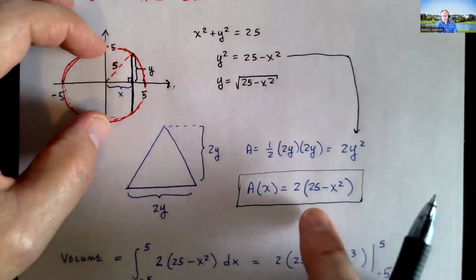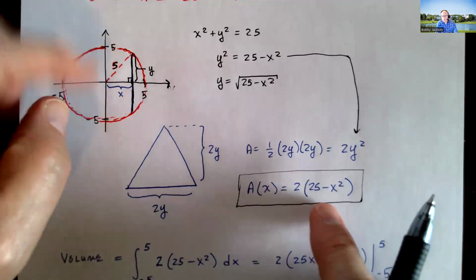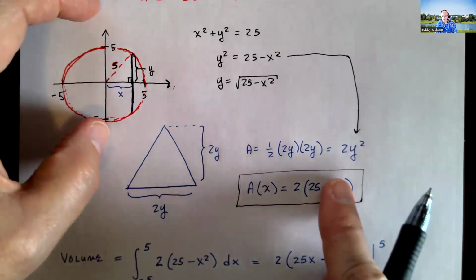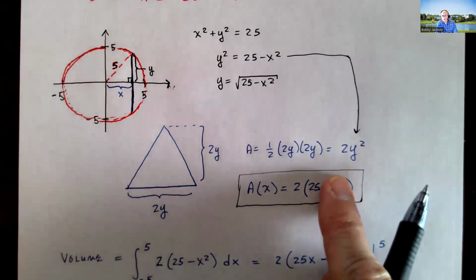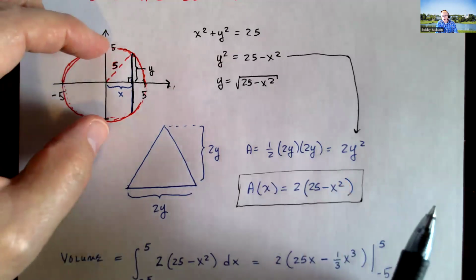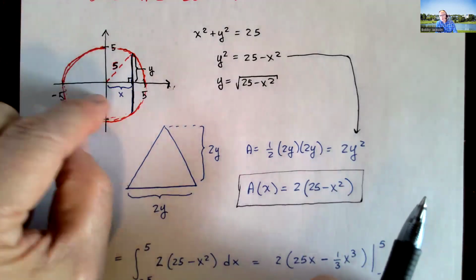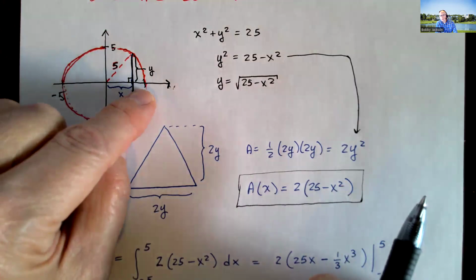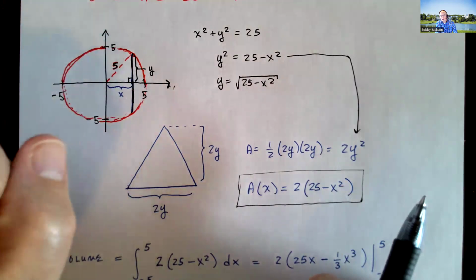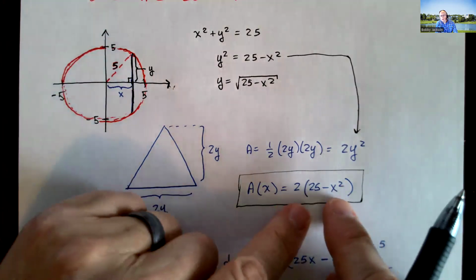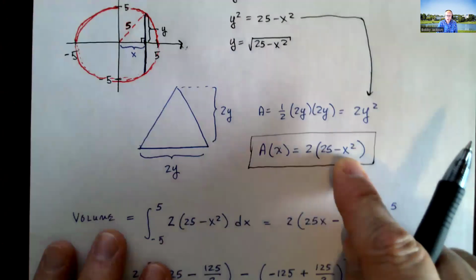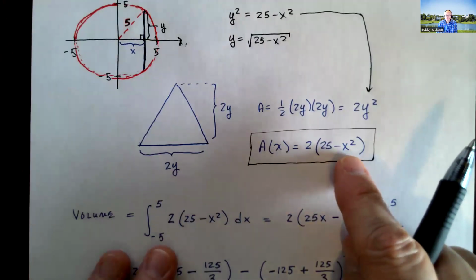So let's see if that's the case. When x is 0, what do I get from my formula? If x is 0, I get 2 times 25, which is 50, exactly what we said the area would be. And notice the area gets smaller as x gets closer to 5 or -5. In fact, by the time x is equal to 5 or -5, the area becomes 0. And that's true, if you plug -5 or 5 into our area function, we will get 0.